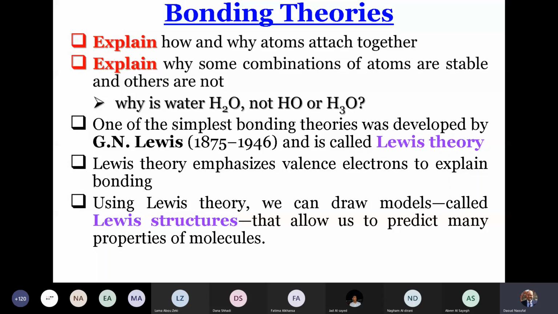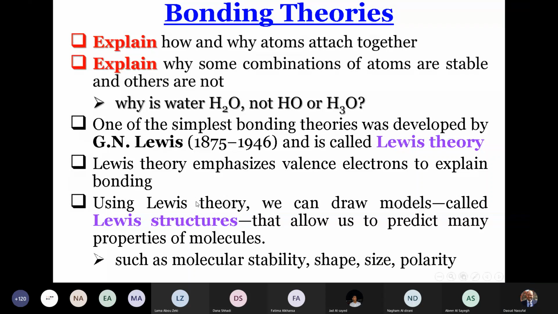We can use this structure in order to find the geometry, but the Lewis structure is not the geometry. What are the properties of the molecule we are interested in? For example, the molecular stability, the shape, the size, and the polarity, and we will talk about these properties at the end of the chapter.